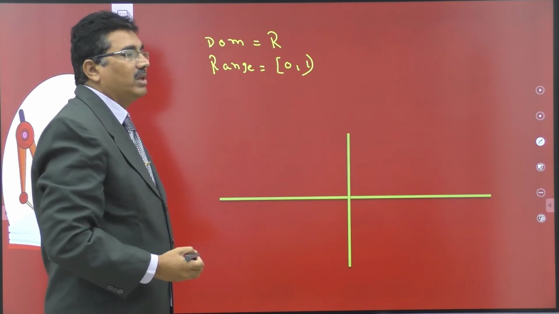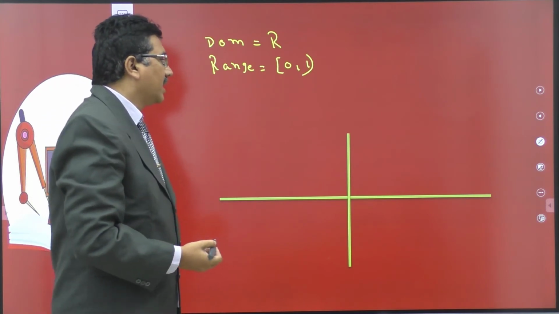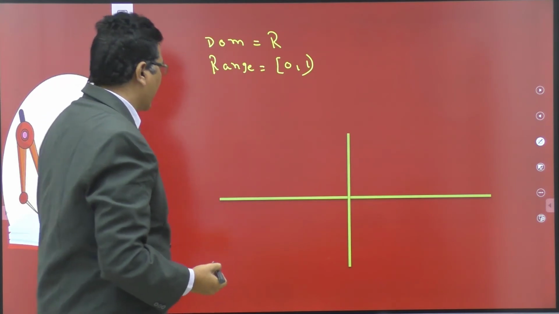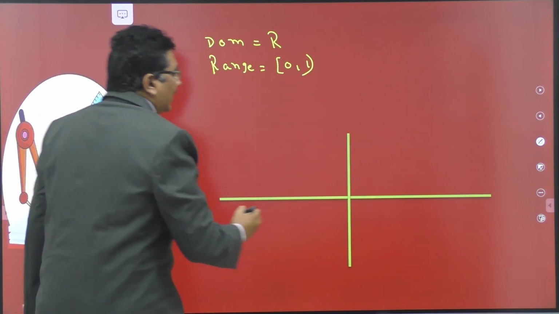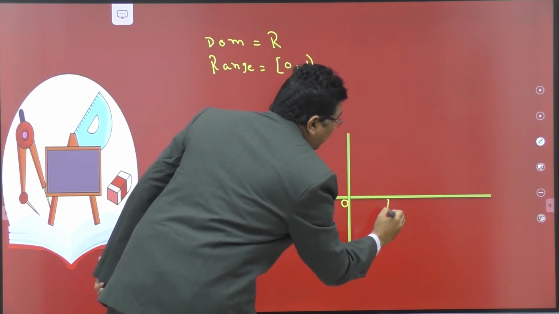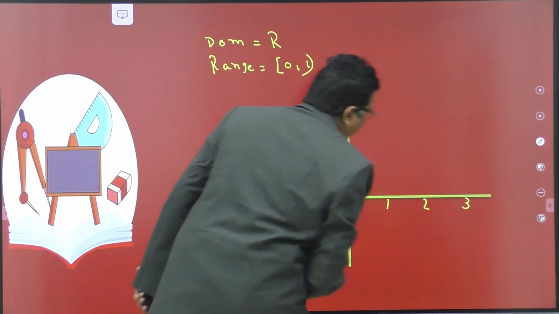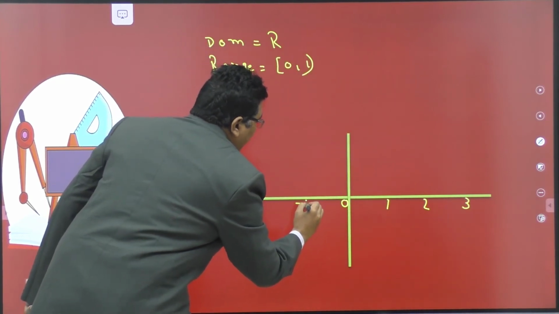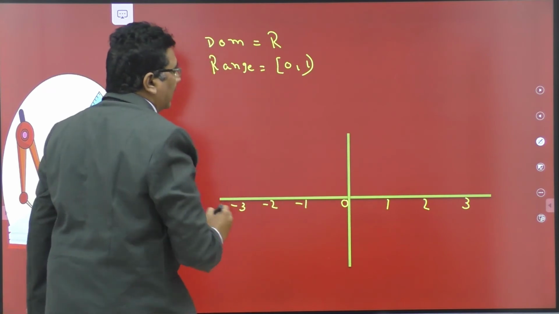Now, how to draw the graph of the fractional part of a function? Suppose this is 0, this is 1, this is 2, this is 3, this is minus 1, this is minus 2, this is minus 3.